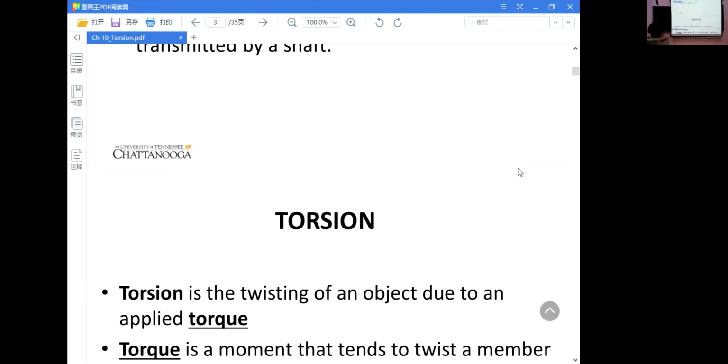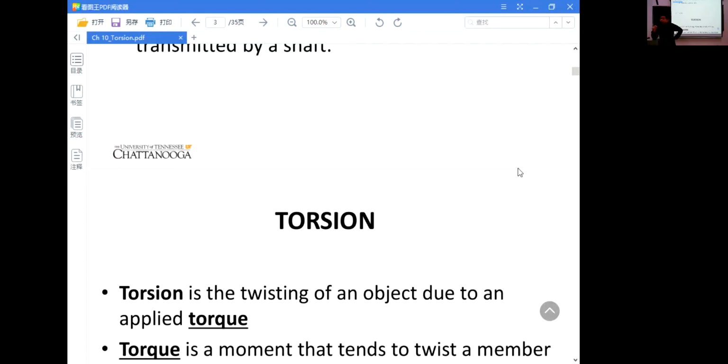Cylinder member. We don't care about block and plate in mechanics of materials, because the block and the plate belong to elastic mechanics.